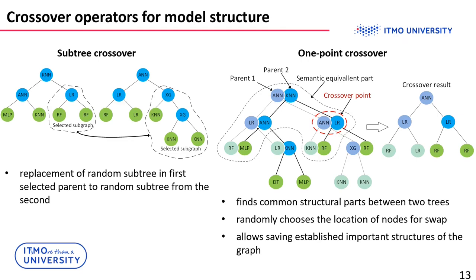It finds the parts of the model structure graphs with the same topology, then finds the common point of each graph, and then changes the part of the graph under this point. It allows to obtain more diverse results and at the same time to preserve some structural patterns of each individual.